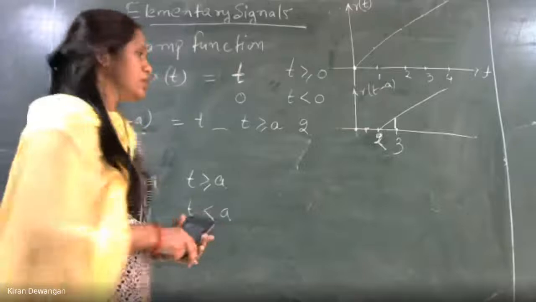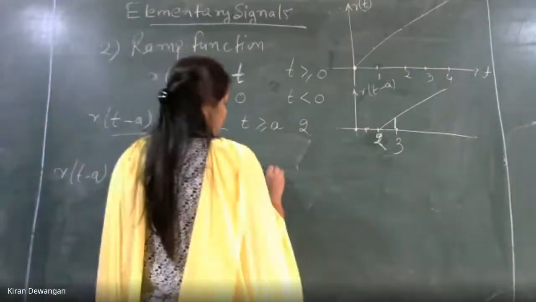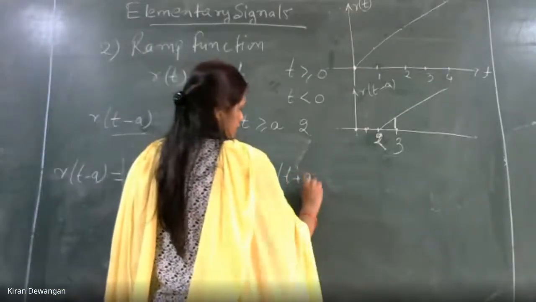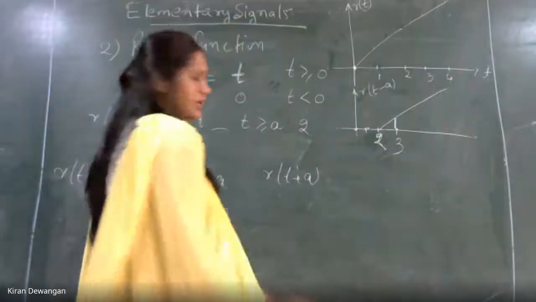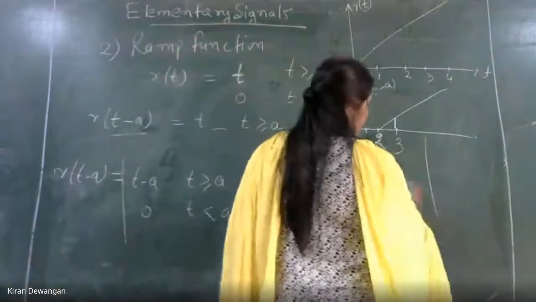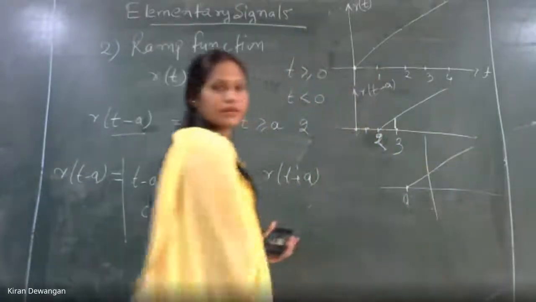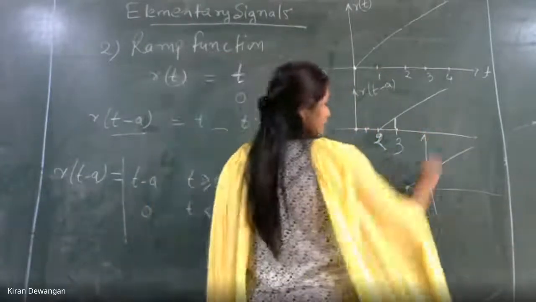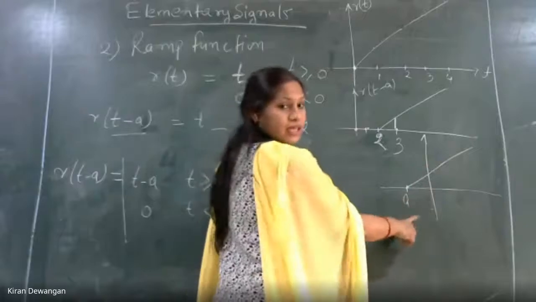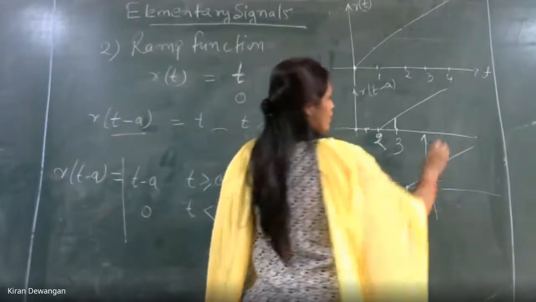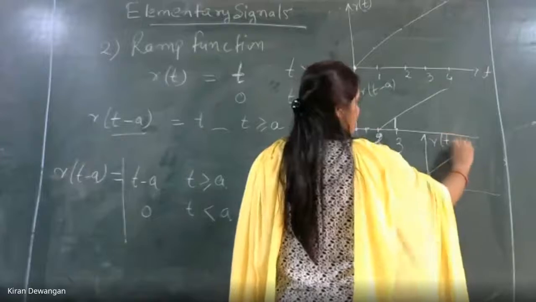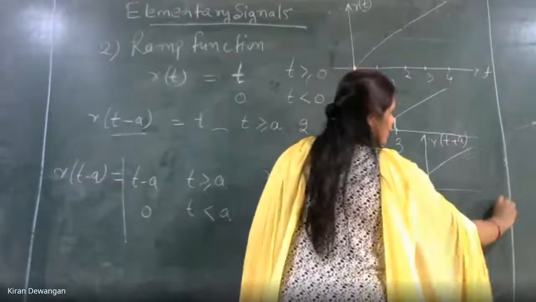Clear now? Now similarly, if we have to plot r of t plus a, definitely the plot will be this one. A is somewhere here. A is a negative value. This is r of t plus a, and this is t.